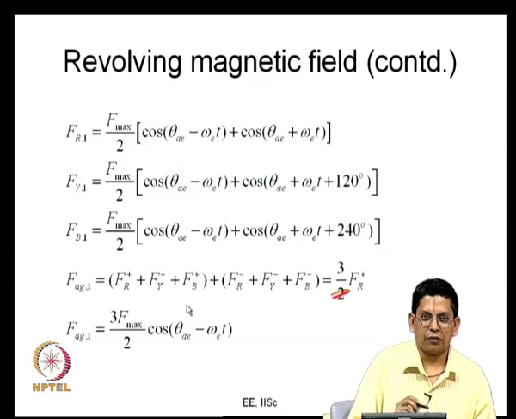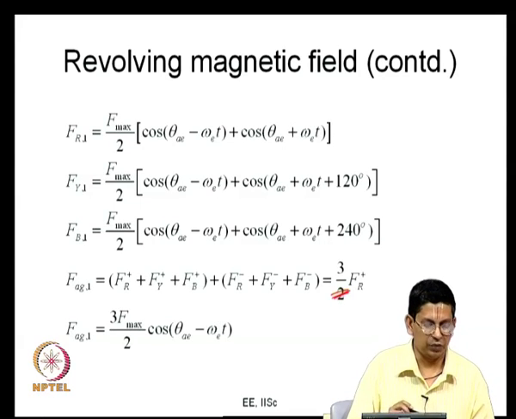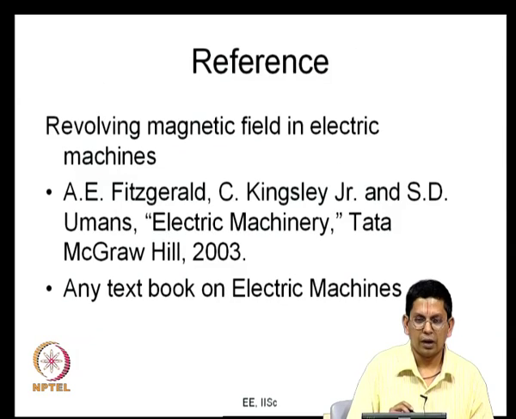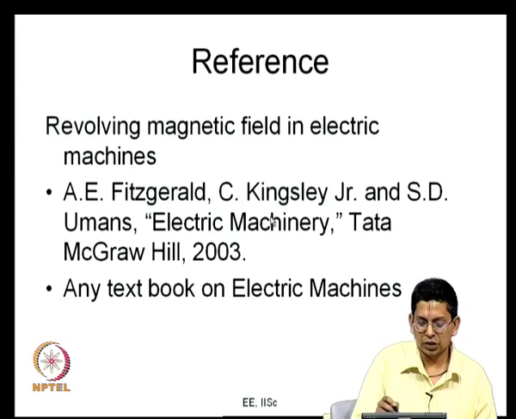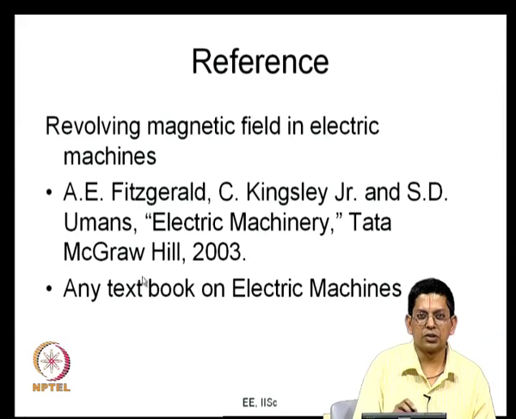a revolving magnetic field. So, thus you get a revolving magnetic field produced by 3 phase windings excited with 3 phase sinusoidal currents. If you want more on this revolving magnetic field, you can take any book on electric machines. One of the references I would suggest is A. E. Fitzgerald, Kingsley and Umans' Electric Machinery by Tata McGraw-Hill 2003.